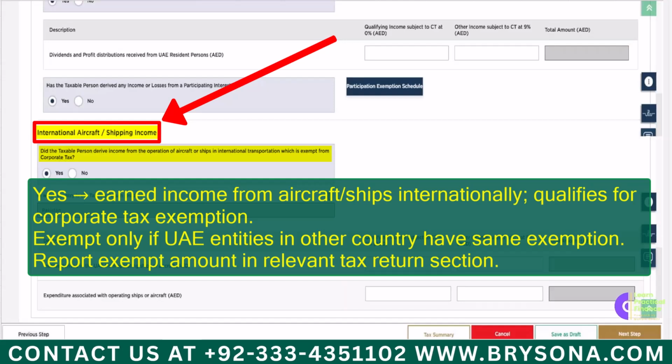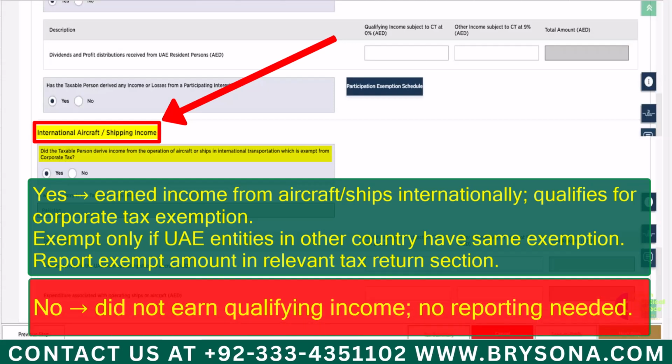This income is exempt only if UAE entities in the other country have the same exemption. It reports the exempt amount in the relevant tax return section. Answer no if the company did not earn qualifying income. In that case, you are not required to report anything.